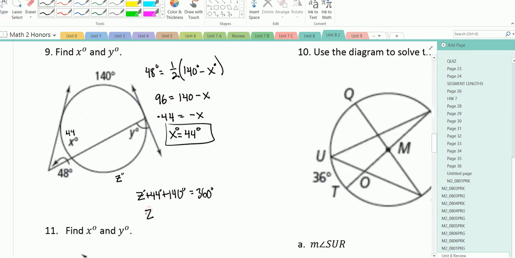So that's z plus 184 is 360. So z is 360 minus 184, which is 176.